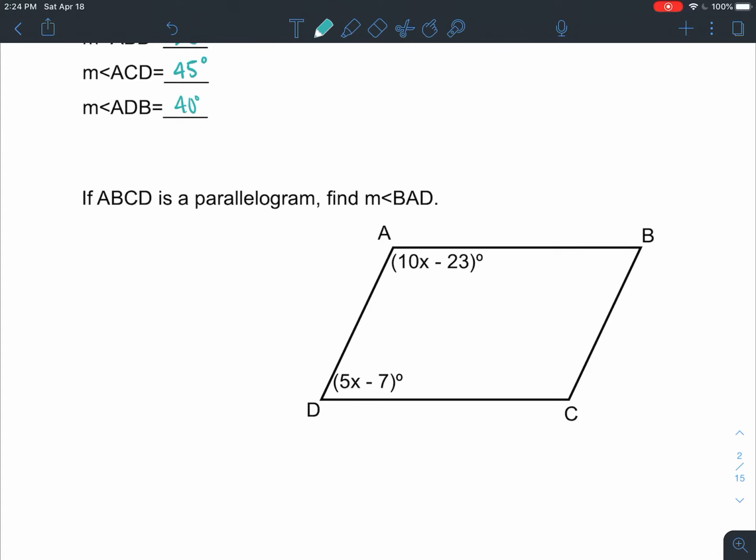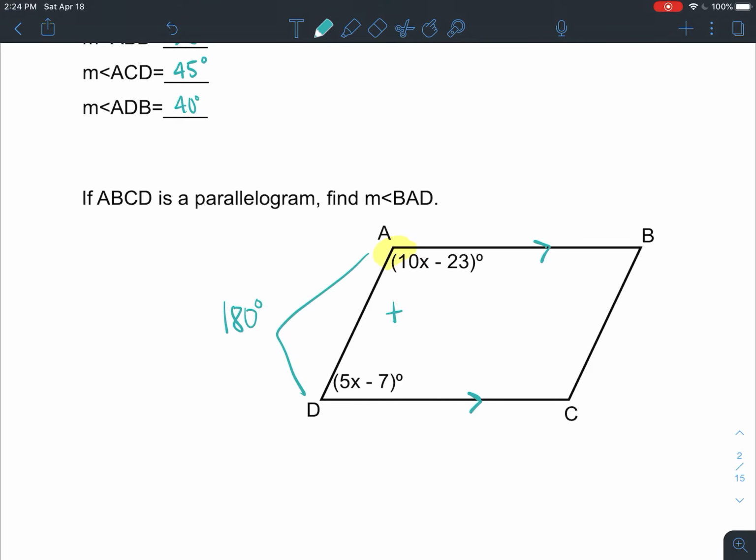All right. ABCD is a parallelogram. Find our measure of angle BAD. So here is BAD right here. I know that because this is a parallelogram, these two angles here will add to give me 180 degrees.